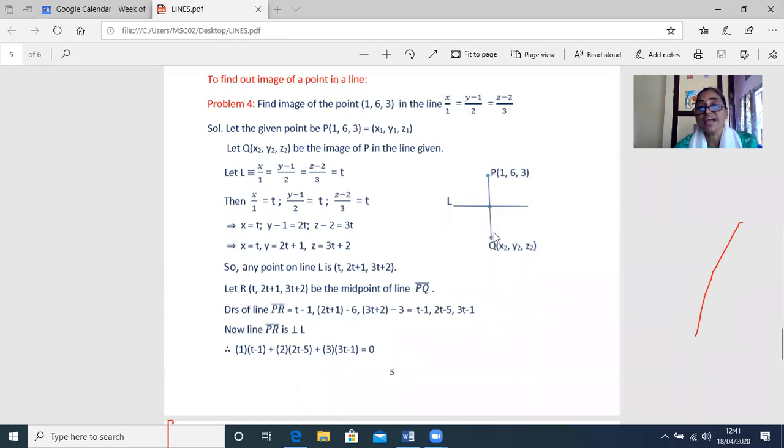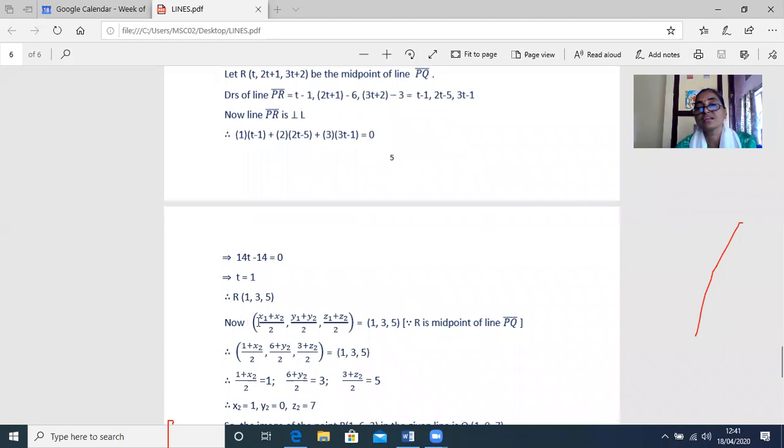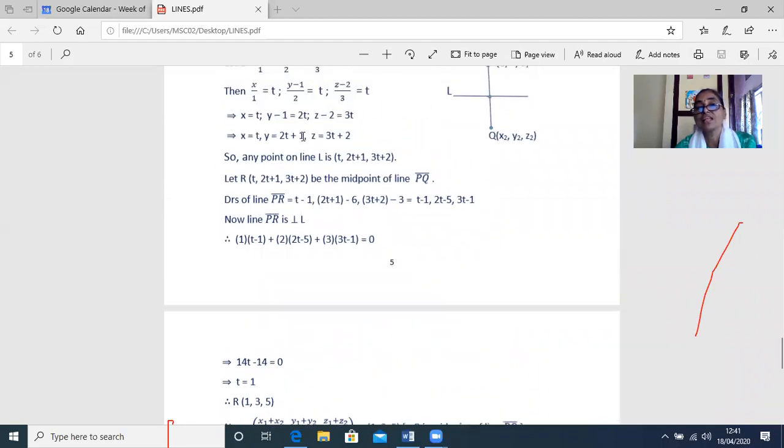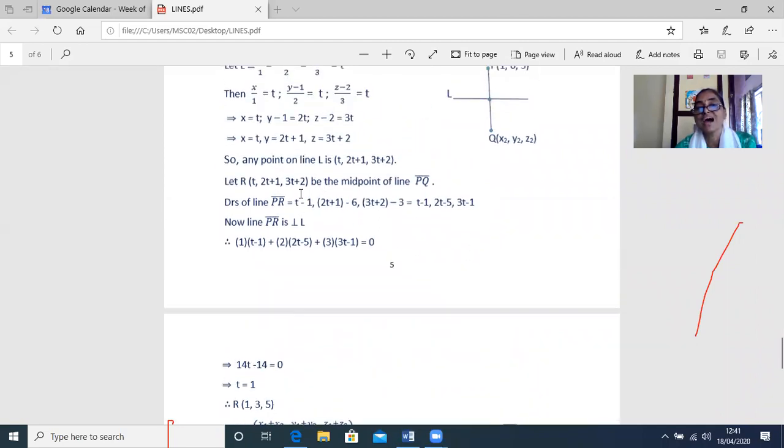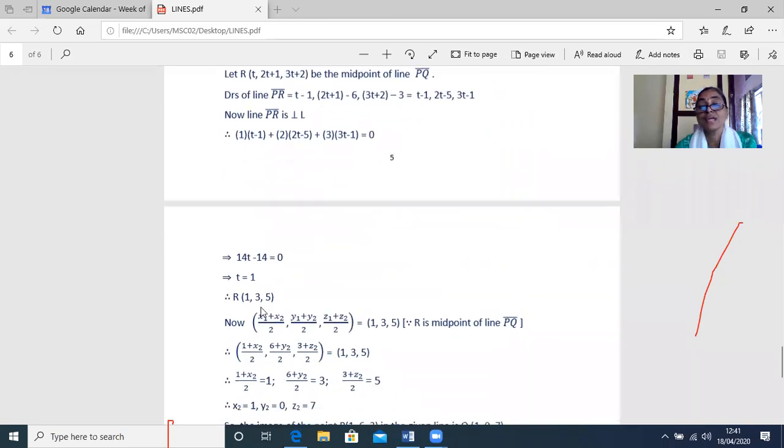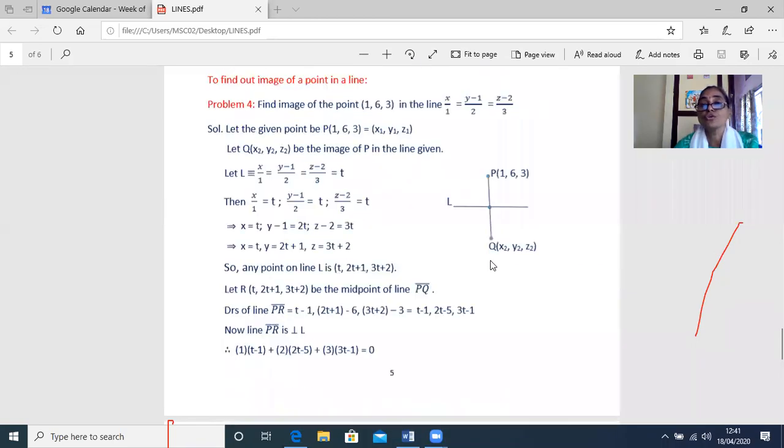Now the line PR is perpendicular to L. So the perpendicular condition is l1 l2 plus m1 m2 plus n1 n2 equal to 0, from which you get the t value. Once you get the t value, you substitute it again in the point R to get the point R. Like in the previous case, before finding Q, you have to find R, girls, which is the midpoint of the line PQ.